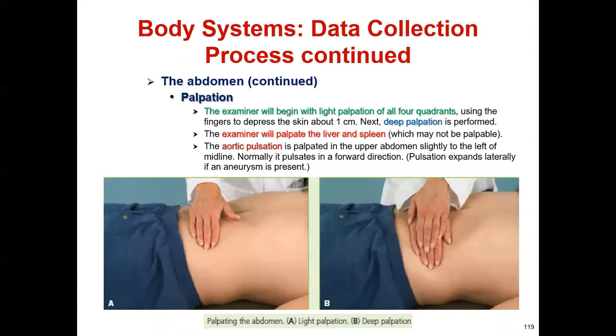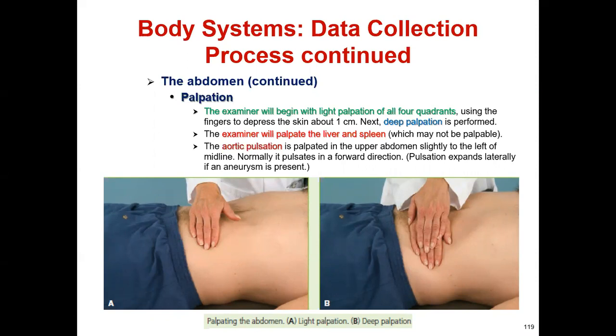Deep palpation of the abdomen is performed by placing the flat of the hand on the abdominal wall and applying firm and steady pressure. It may be helpful to use 2 hands palpation, like this second picture, B, particularly in evaluating a mass.